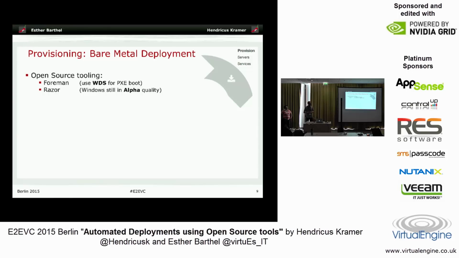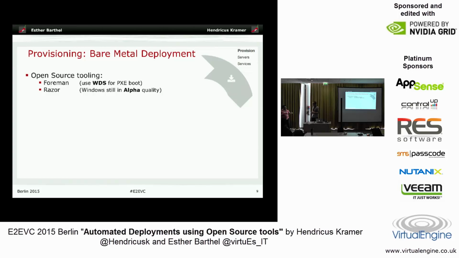And Razor Server is the tooling to provide the bare metal deployments. The reason why we need Razor is that Puppet uses a server and agent construction. So you're always stuck in that the agent has to be on the server before you can get all your Puppet automated tasks up and running.